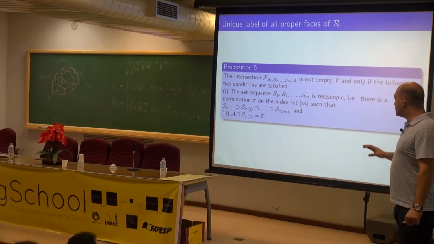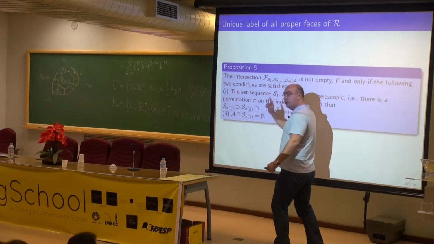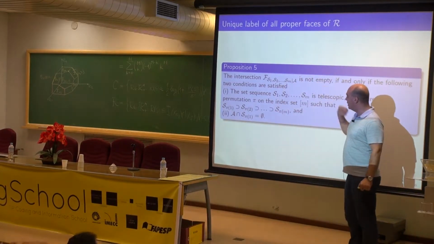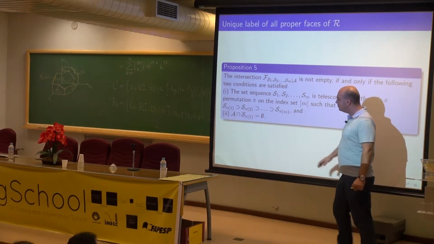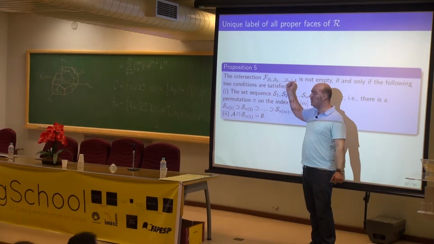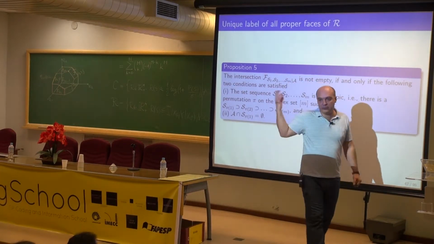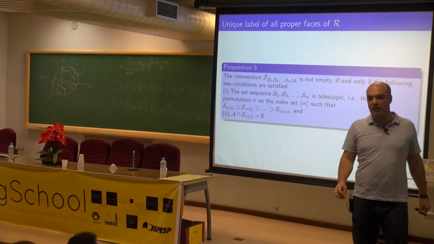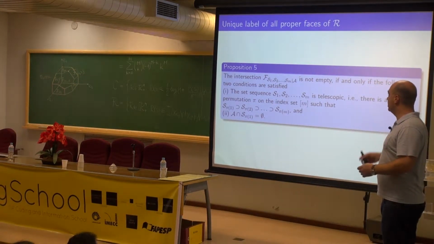So everyone here has to be included in the next, in the next, until the end. And then, on top of that, this is enough. I mean, if A is not intersected with the first one, then it will not intersect with the others. So this is the condition.